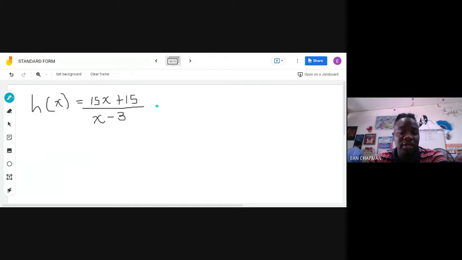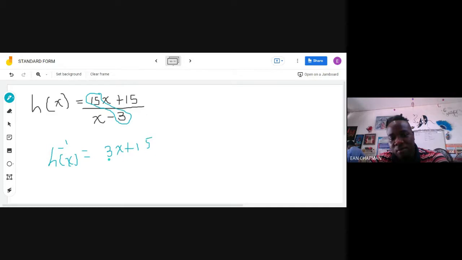Let's look at this one here. For a problem like this, the long way would be beneficial, but all we're doing is exchanging the positions of these two numbers. So you're going to say that h minus 1 of x is going to be equal to 3x plus 15 over x minus 3.